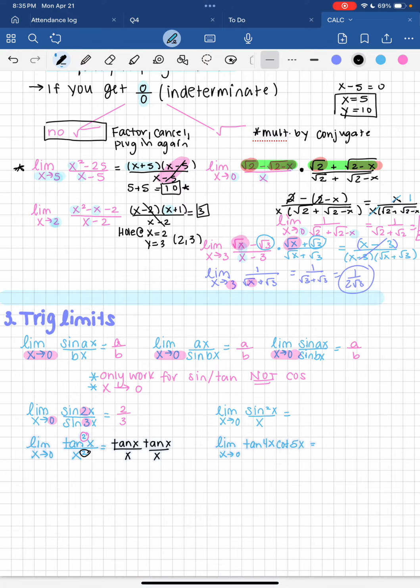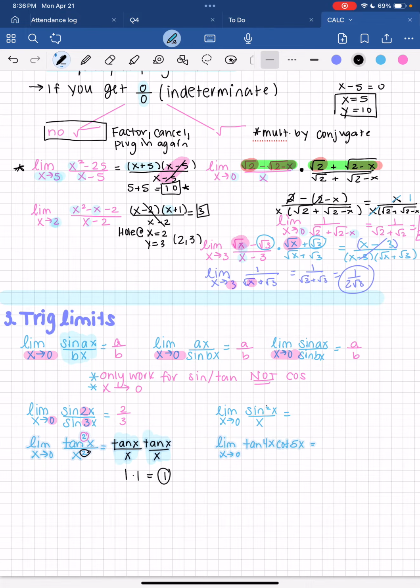Now, look here. This goes to 1, this goes to 1, because I said the rules apply for tangent as well. And this is the rule right here: sine ax over bx is a over b. So tan 1x over 1x is 1 over 1, which is 1. 1 times 1 equals 1.